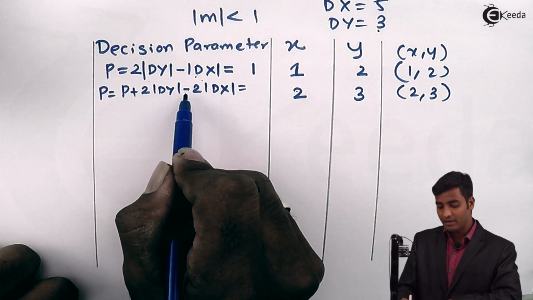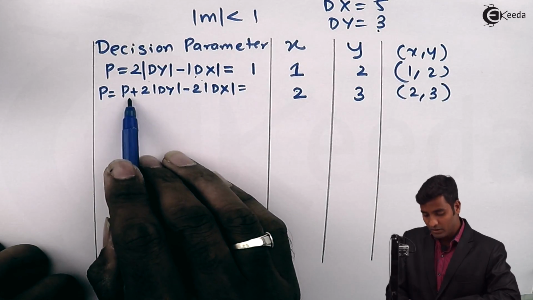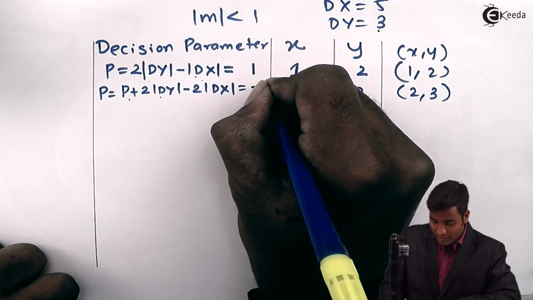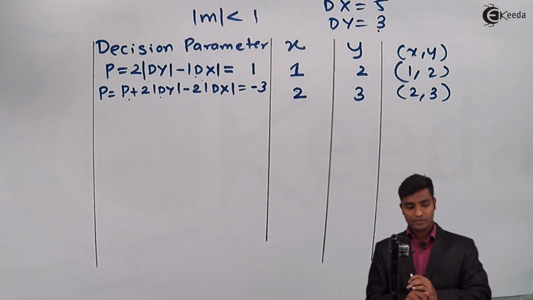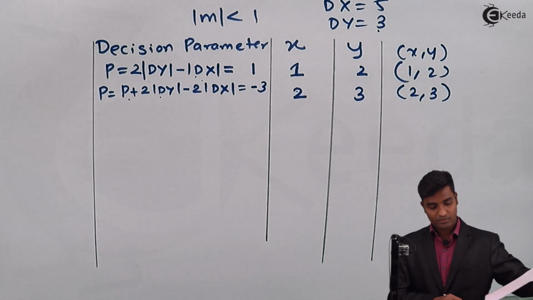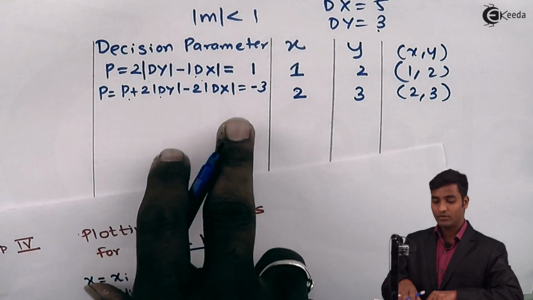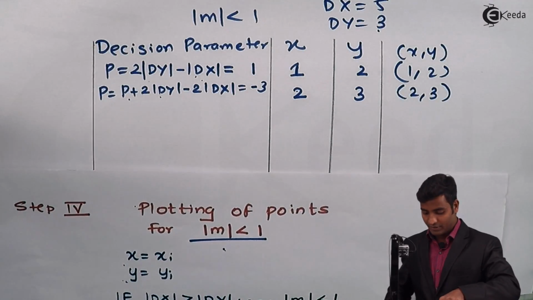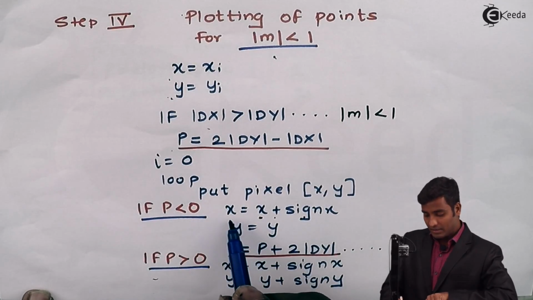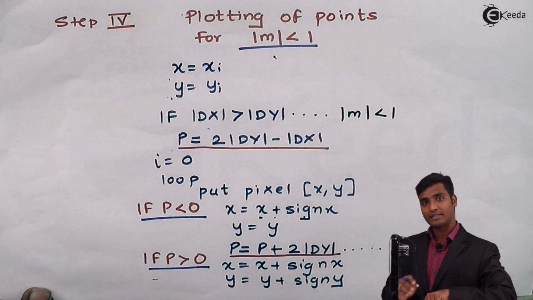That is 1 plus 6 minus 2 into 5, that is 2 into 5 is 10, so 1 plus 6 is 7, 7 minus 10, the answer comes out as minus 3, which means this value is less than 0, so we are getting this condition. For this condition, the x value will be x plus sin x and the y value will remain the same.